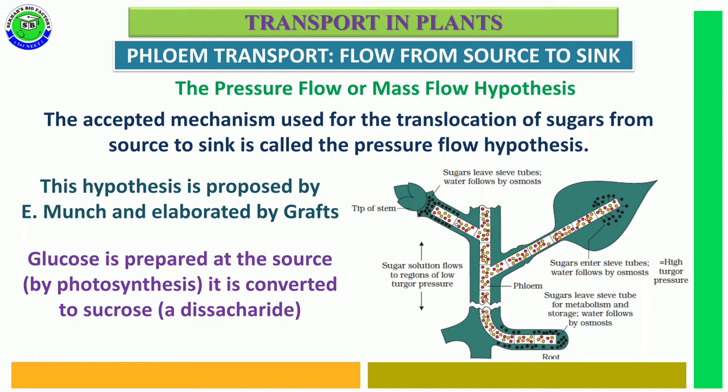During this translocation, glucose which is prepared in the source, especially the leaf, by photosynthesis, first converts into sucrose. In the plant body, the translocation of food materials always takes place in sucrose form. It is a disaccharide.